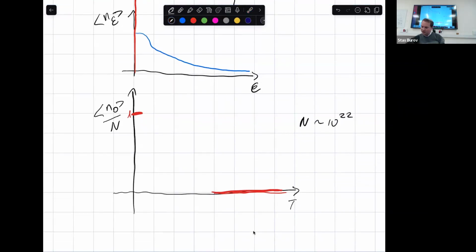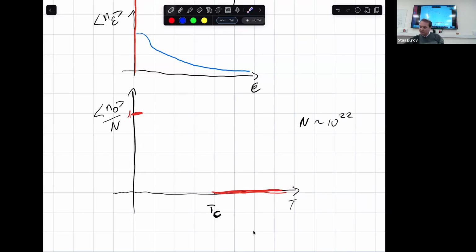So what we expect to happen, and I will explain in a second, is that there exists a critical temperature, let's call it Tc. Above this Tc, the ratio of particles sitting at the lowest level is exactly 0.